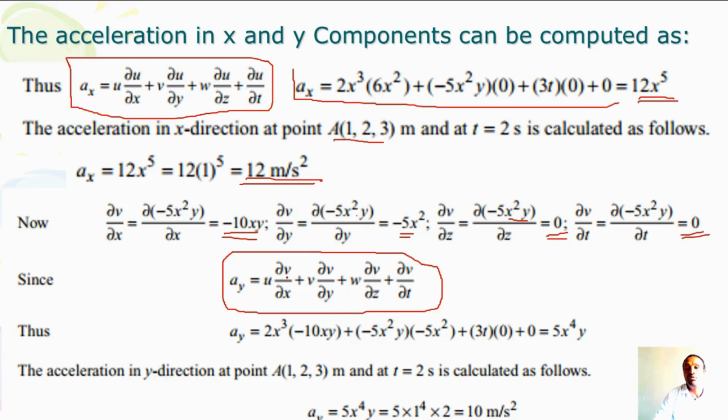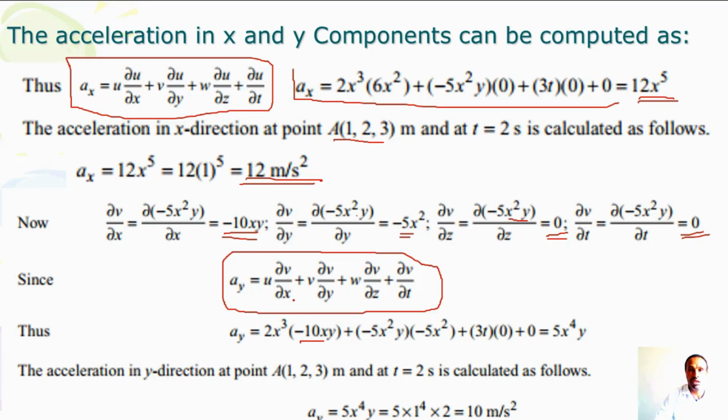So all v terms will be differentiated and you multiply by the components of the fluid particle, u and v for the y component. You simply substitute the values and the results here.